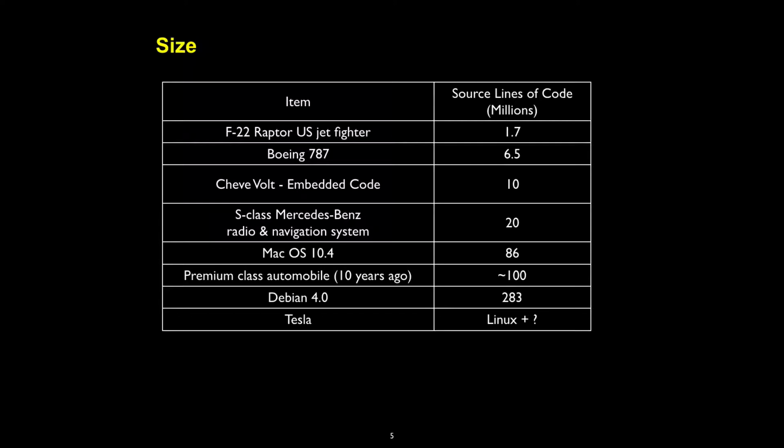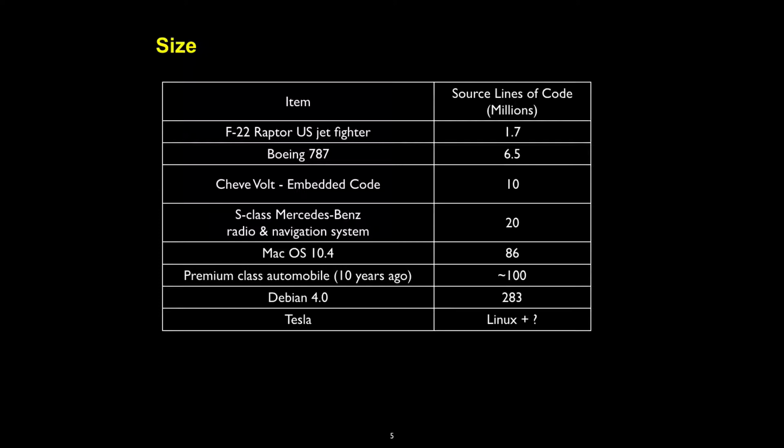Tesla, all the Tesla cars are Linux based. So the Linux computer is running the car, maintaining all the systems. And then you've got all of those embedded processors all over the place that do the control.